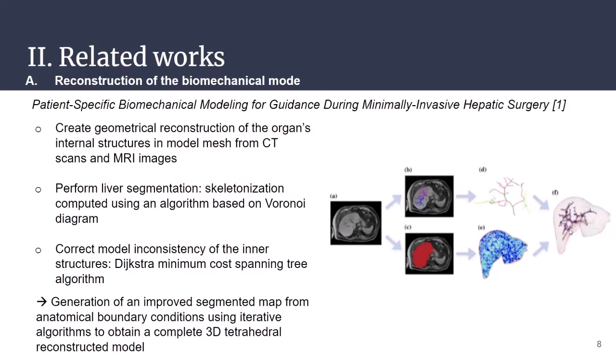As we can see here in the final results, on E and F, we can see a generation of an improved segmented map using their algorithms to generate a complete 3D model.